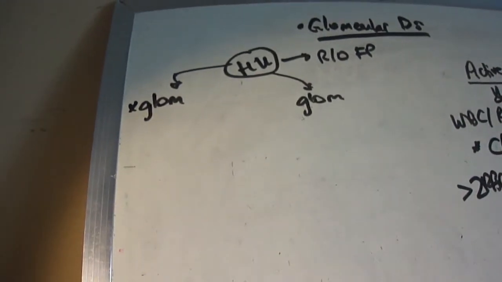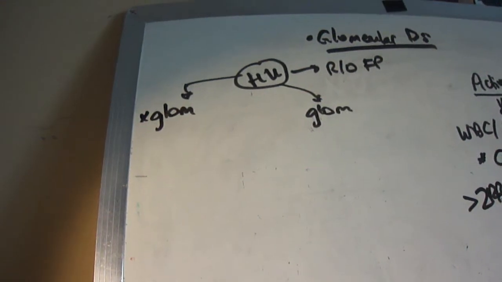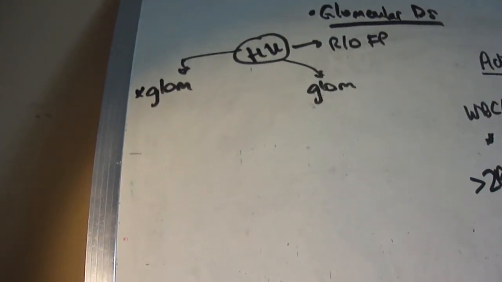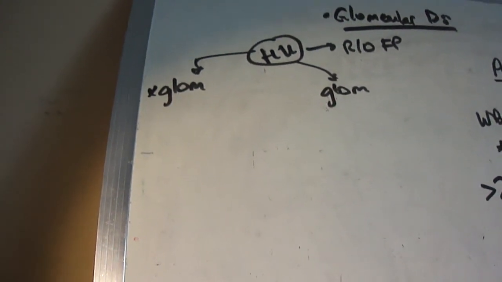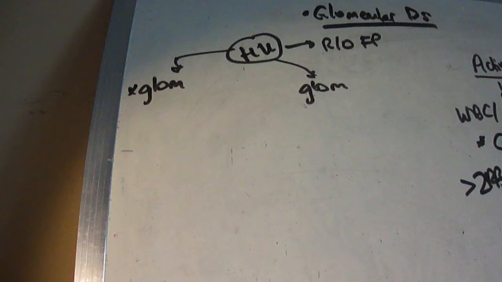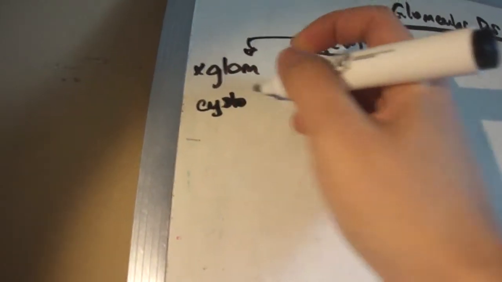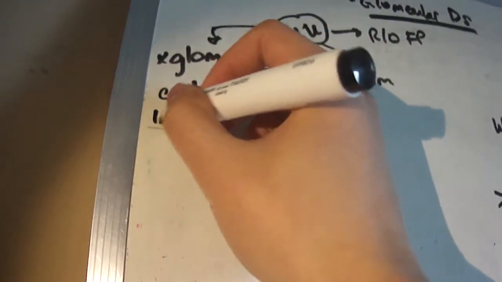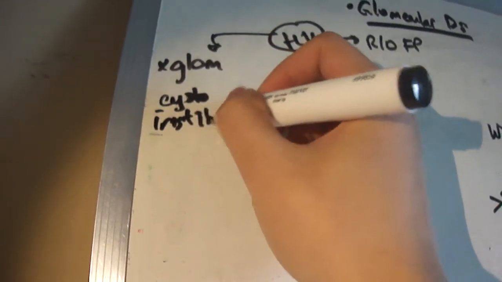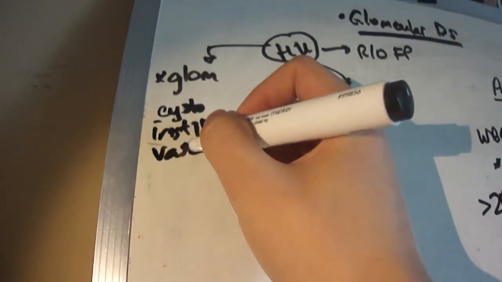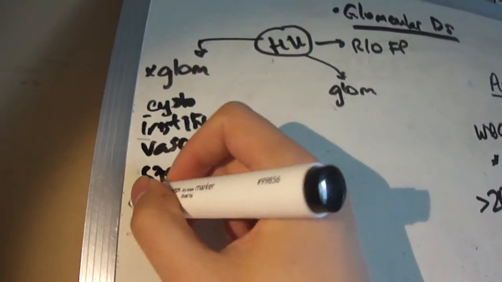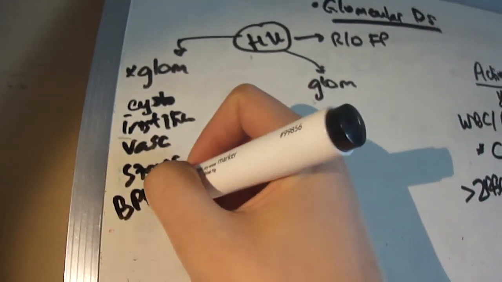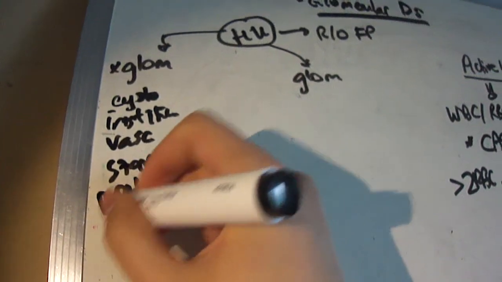Okay, so remember that isolated extraglomerular hematuria is cancer or bladder cancer until proven otherwise, and that's when you ask about smoking, etc. So you're going to think about things like cysts, the interstitium, vascular causes, stones, BPH, and cancer.